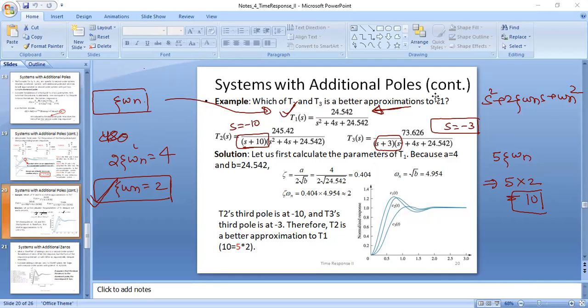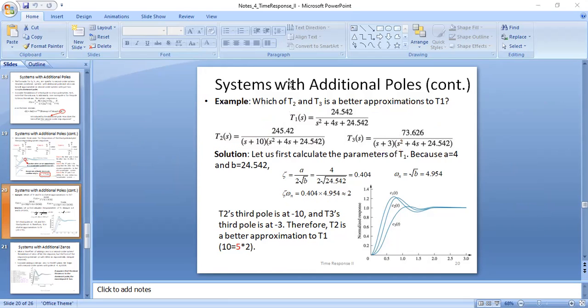So what will you say? T2's third pole is at -10 and T3's third pole is at -3. You are getting the value 10 here. So you will say that T2 is a better approximation than T3. Why is it better? Because here the location of the pole is -10, and here the location of the pole is -3.